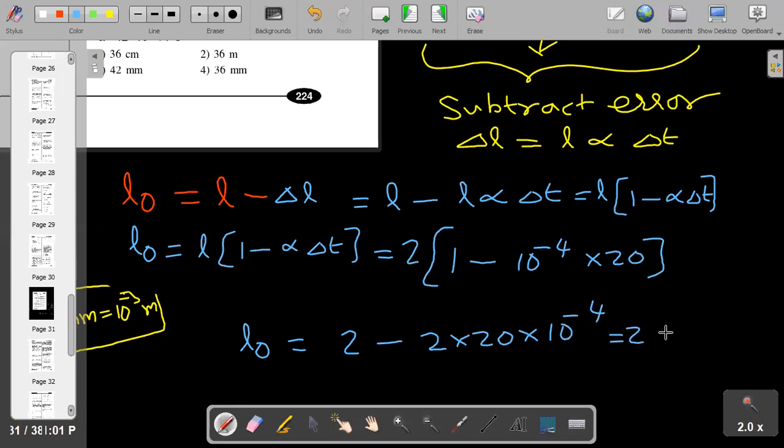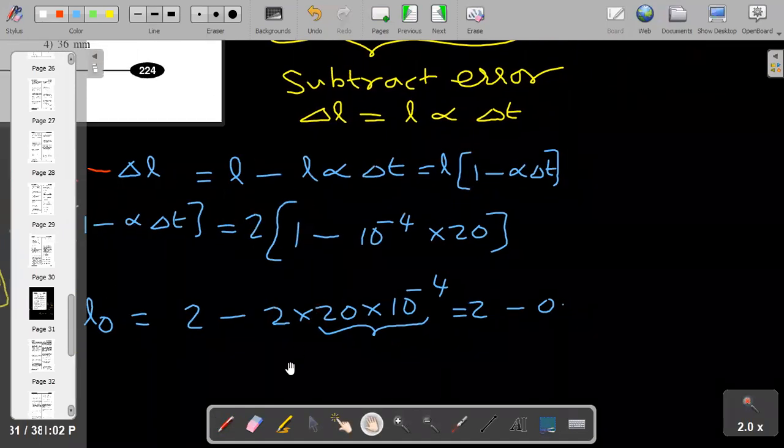So 2 minus, what should I write? 0.02? Wait, 20 into 2. First I will write step by step, one minute.